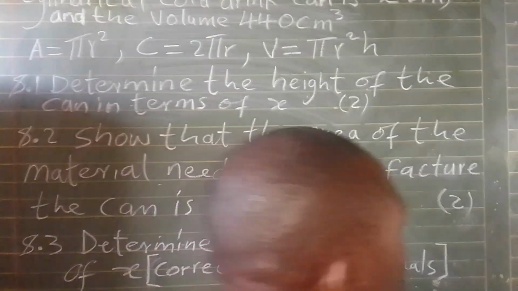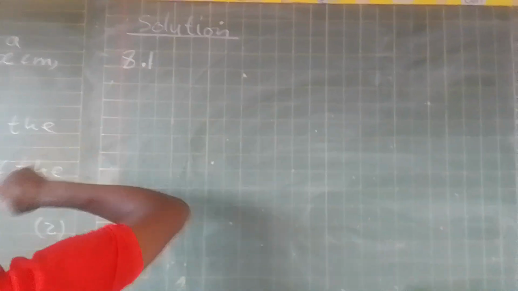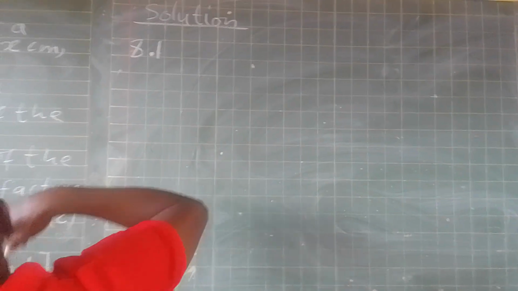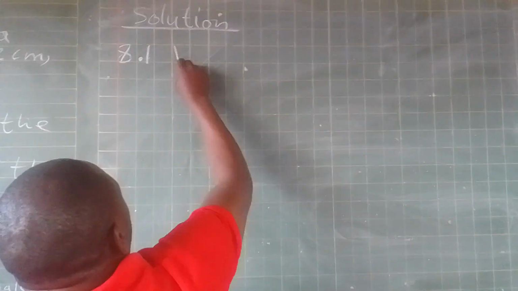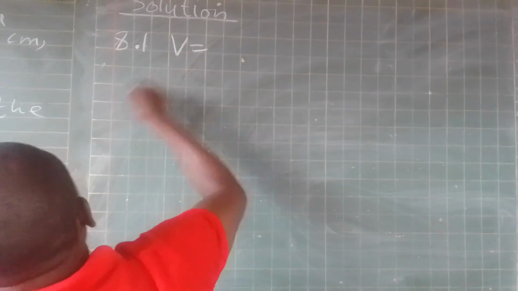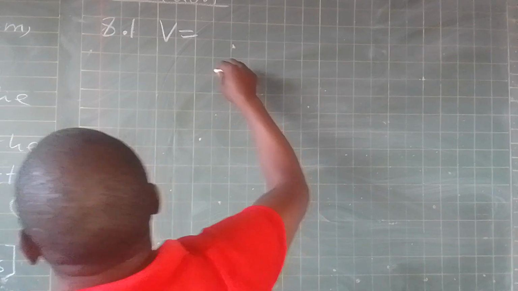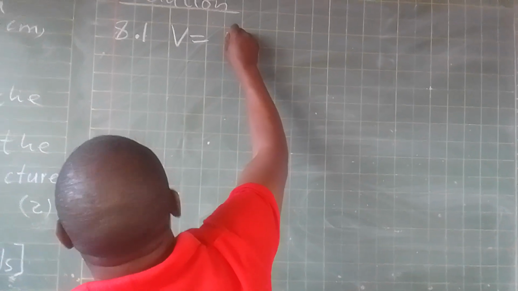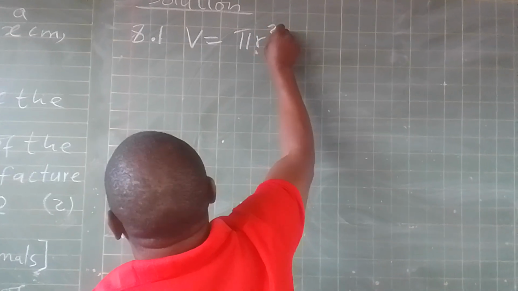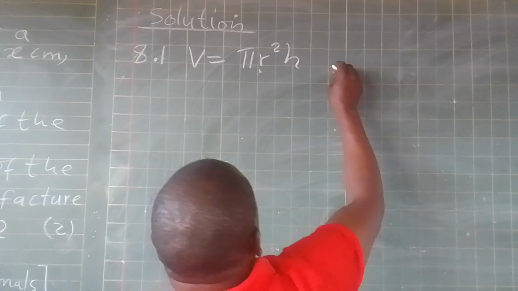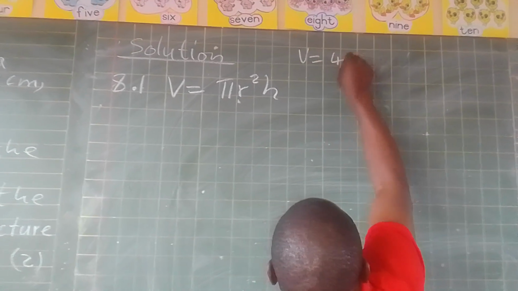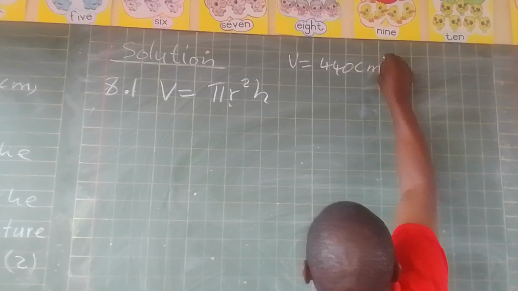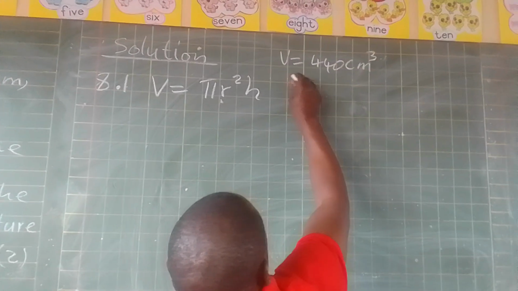The solution for that, we're going to write it here. 8.1, determine the height. We were given the volume of the can is equal to pi r squared h, but we were given that V is equal to 440 cubic centimeters.